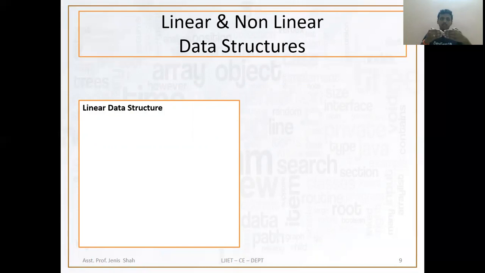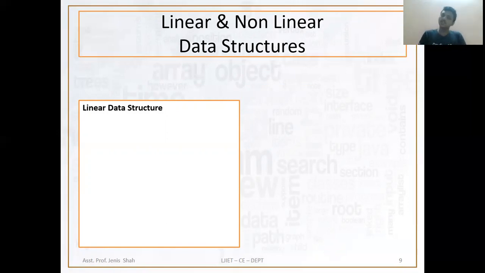Roll number 1. On the back side, roll number 3. That means roll number 2 has one neighbor in front and one neighbor behind. This is known as the relationship of adjacency, where each and every element has only one predecessor and one successor.